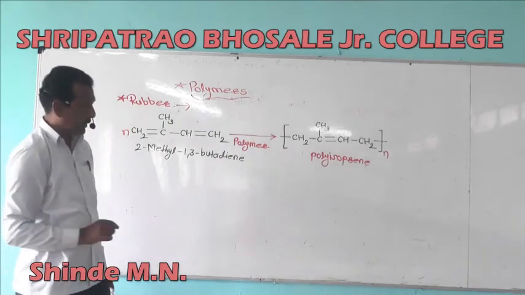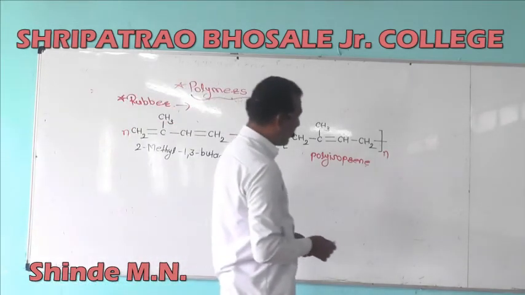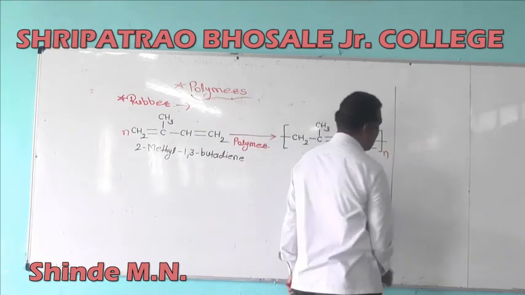Now the natural rubber structure is generally found in the cis configuration.